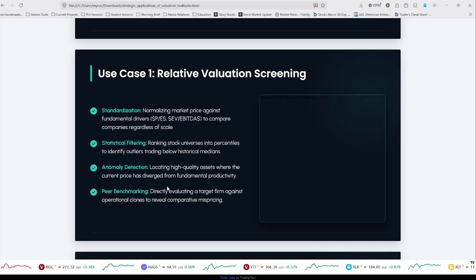And so on this list here, the anomaly detection and the pair benchmarking, those become my favorite points when it comes down to relative valuation.